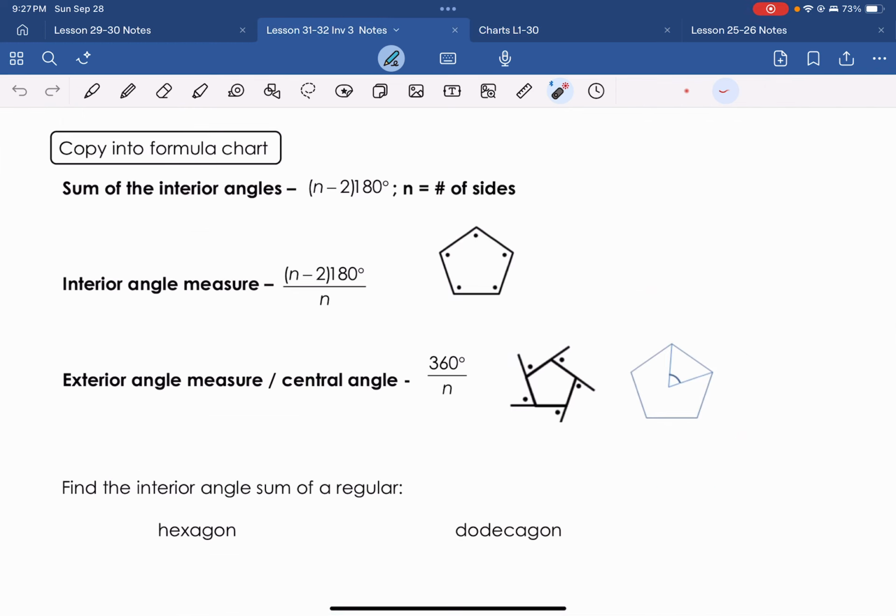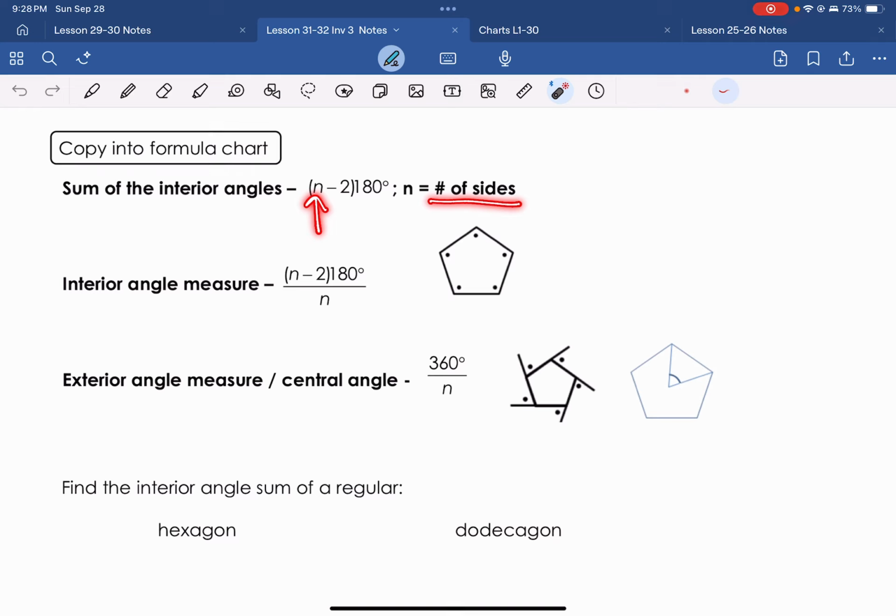Okay, so the first one is the sum of the interior angles. Just like the angles in a triangle add up to 180, there are other polygons that have specific sums of the interior angles. And the way you find that is you use this formula right here where n stands for the number of sides, okay?